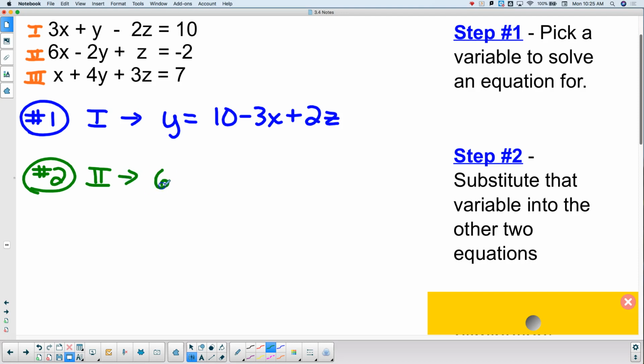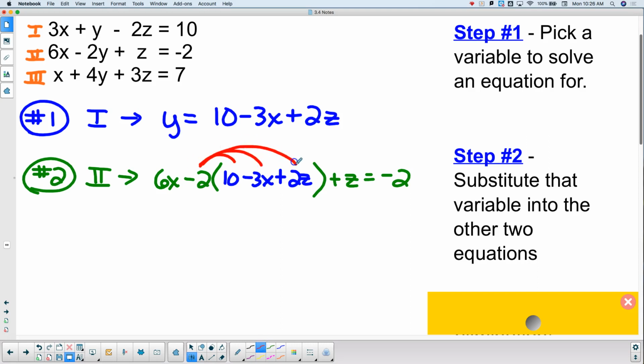And that's going to be 6x minus 2 times what y is. Y is 10 minus 3x plus 2z, and then plus another z, and that's going to be negative 2. Now, right away, let's just make that look nicer. So we're going to distribute in that negative 2.